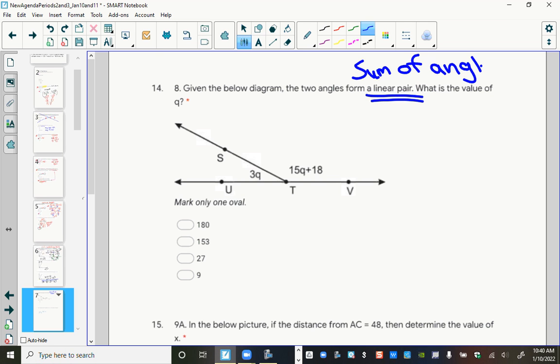Very good. Sum of the angles, 180. So basically, we're just going to add these two. It's 3q plus 15q plus 18 is 180.